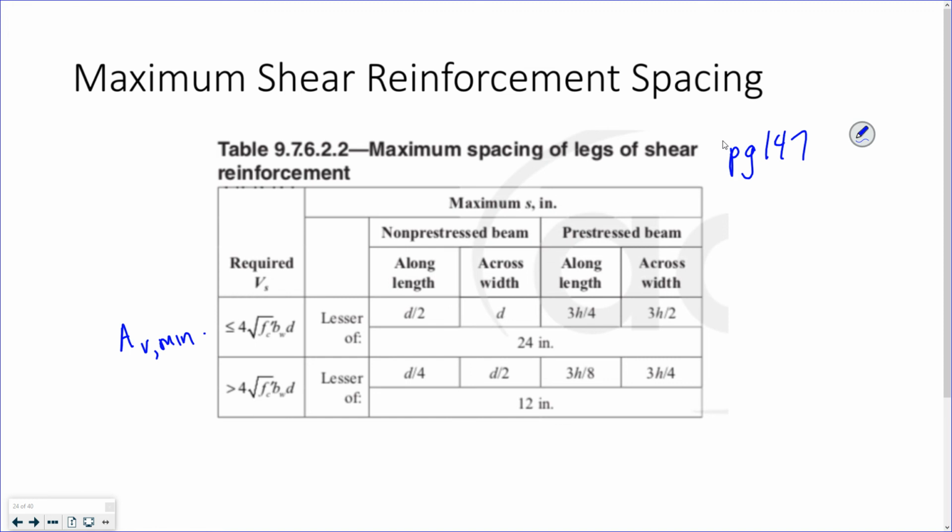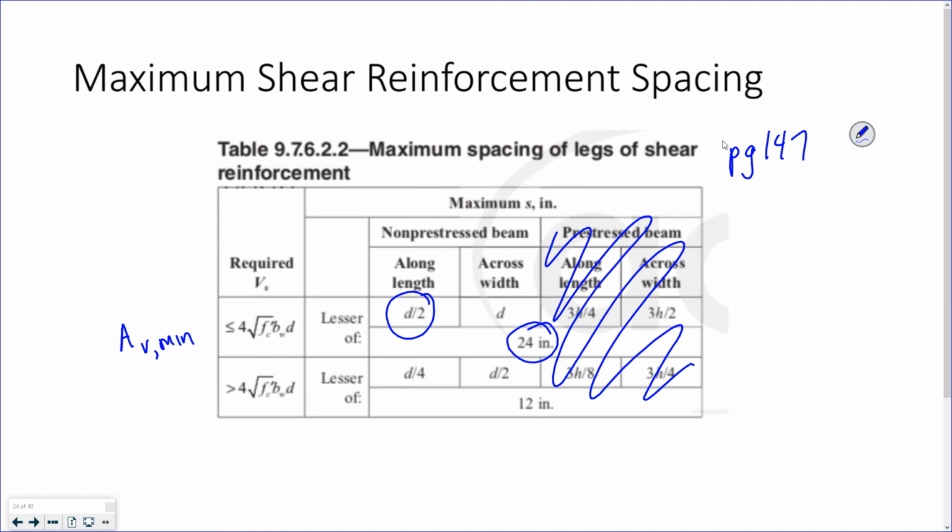If you have Av min or you need less than 4 square root f'c bw d, then your maximum spacing, obviously we're not looking at pre-stressed, along the length of your beam is the lesser of d over 2 or 24 inches.